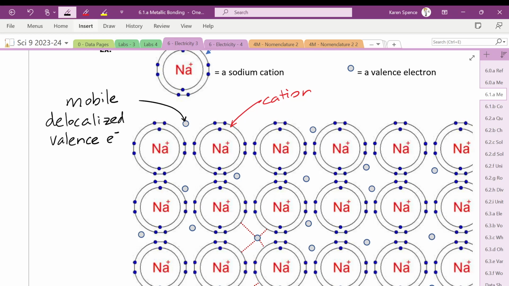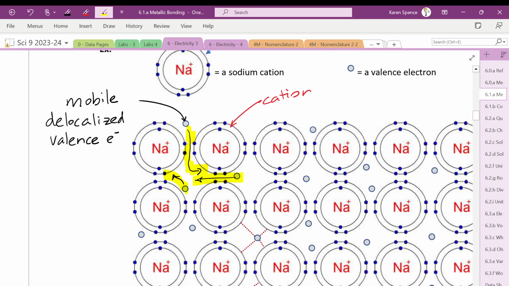And of course, these guys can move wherever they want to. This guy can go over here. That guy can go up here. This one can move around whichever direction it wants to, because right now they're just randomly moving.